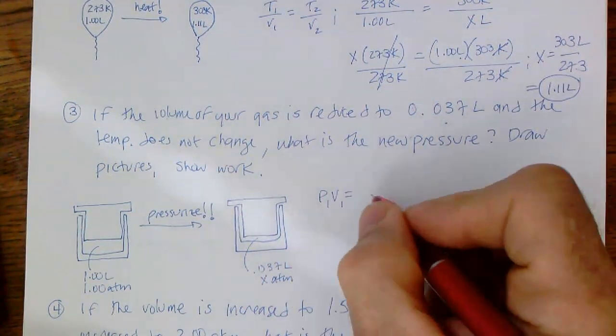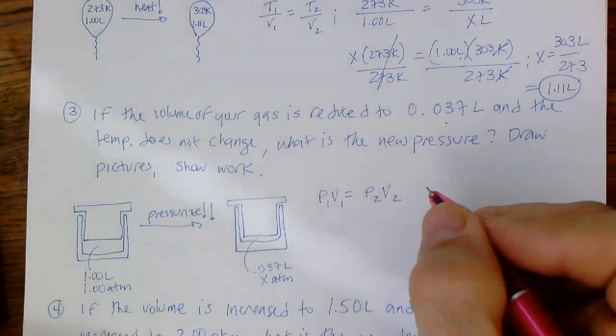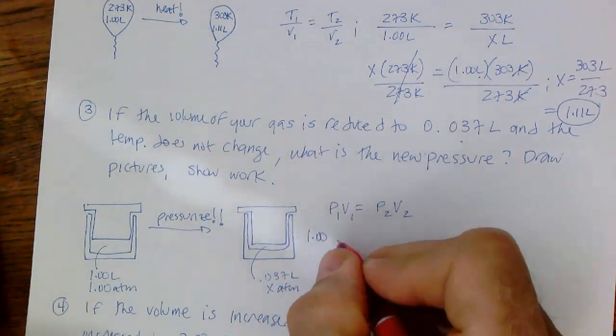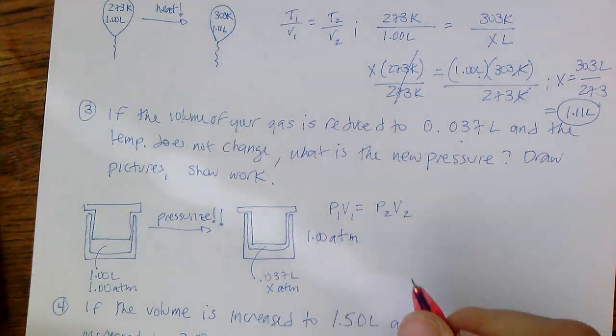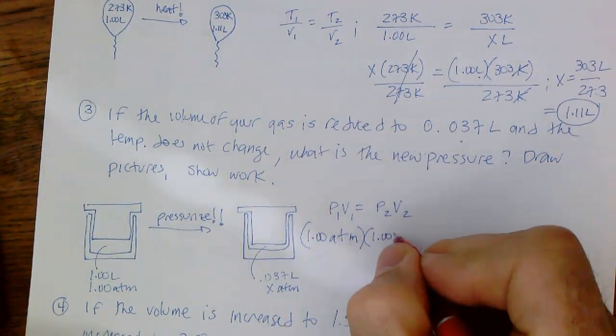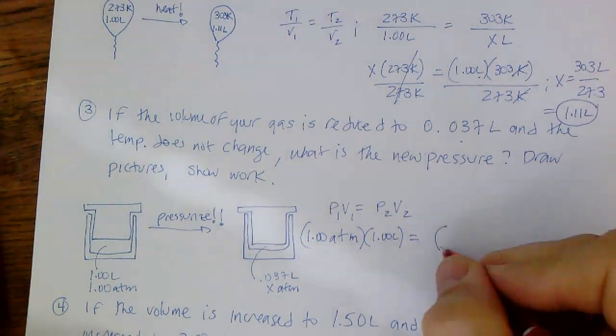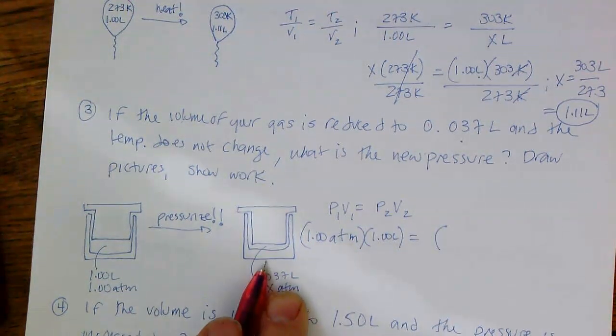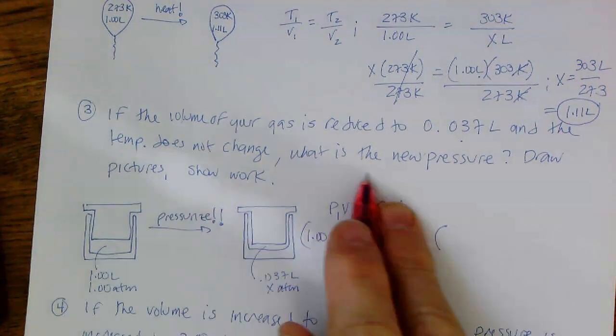P1 V1 equals P2 V2. 1.00 atmospheres at 1 liter will equal our new pressure. What is the new pressure?